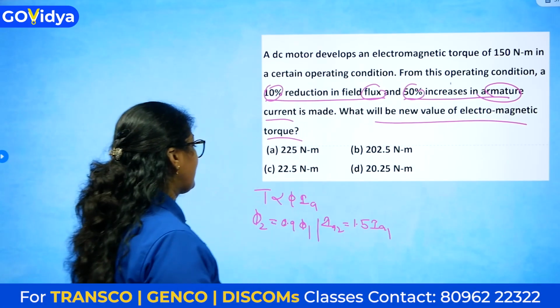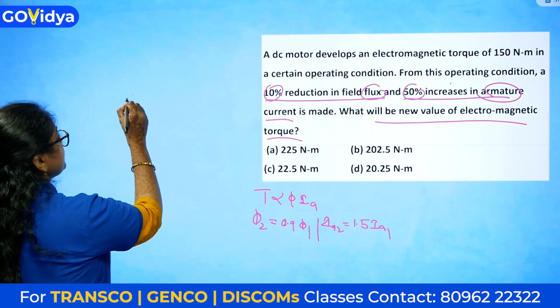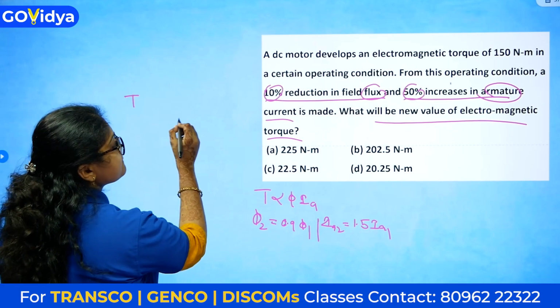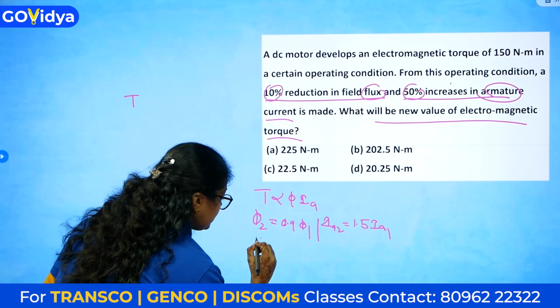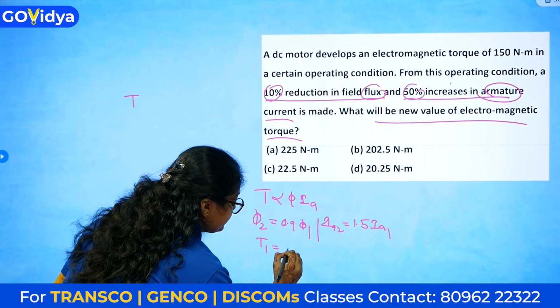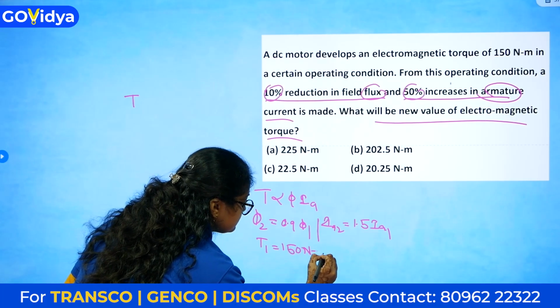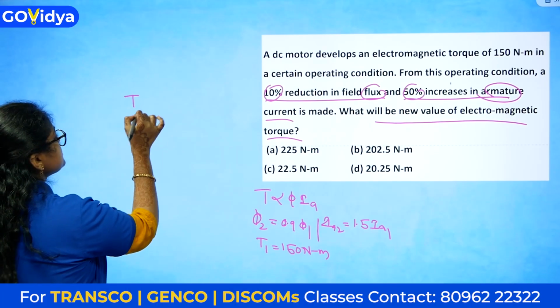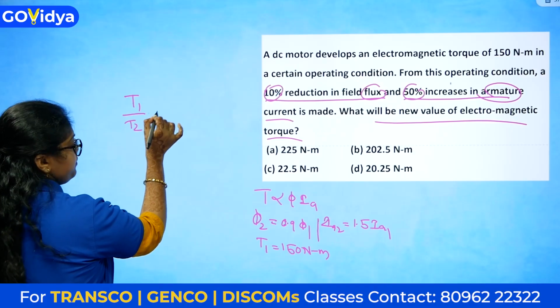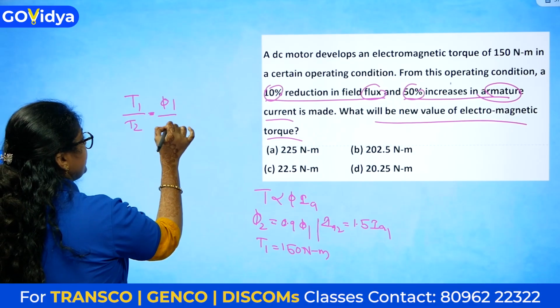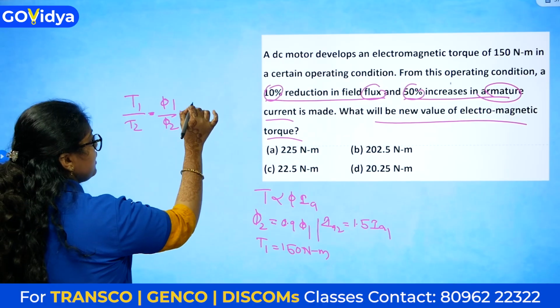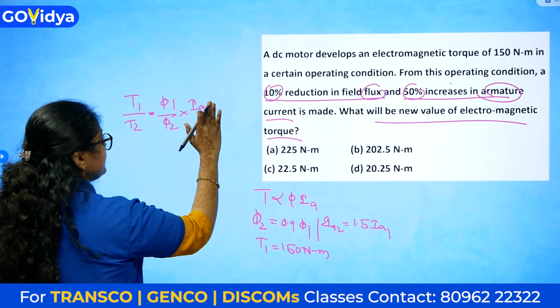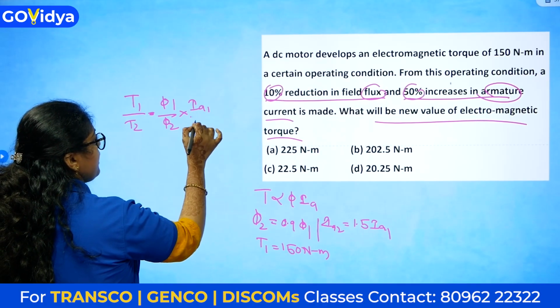So let's substitute the values to get the new electromagnetic torque. T1 is 150 Newton meter. T1 by T2 is equal to phi 1 by phi 2 into Ia1 by Ia2.